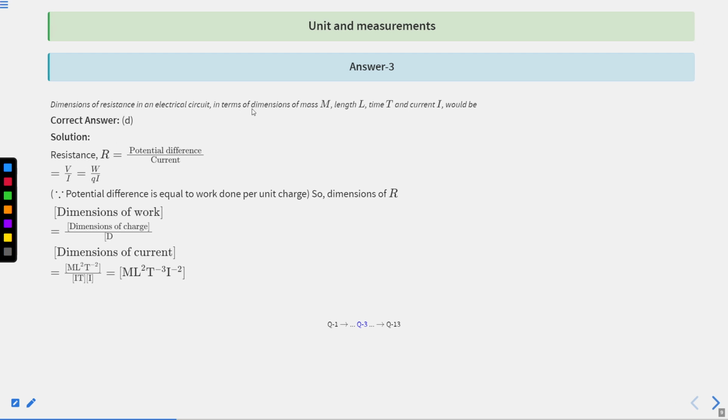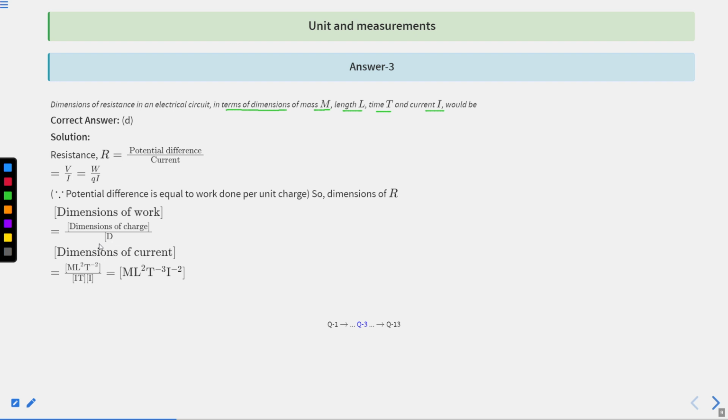Here, the dimension is in terms of mass M, length L, time T and current I. So we know R equals potential difference upon current. This is the formula of resistance. Clear? And potential difference we can say is work upon charge. So equating these terms, we calculate the dimension of the resistance, which equals the dimensions of the work divided by the dimensions of the charge and the current.